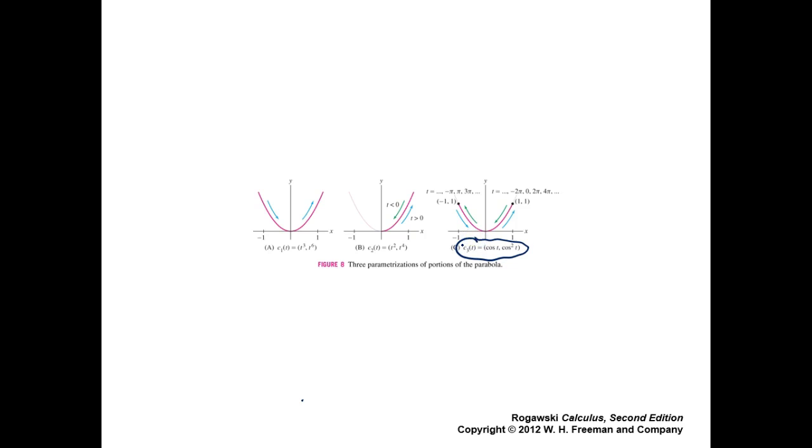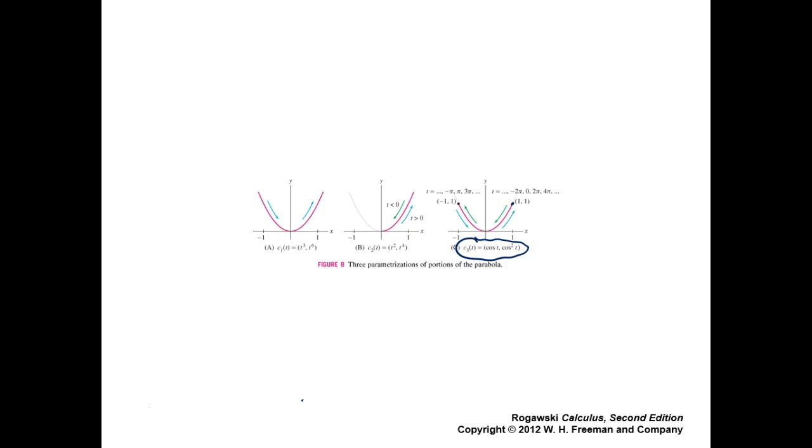All right. Give me a t. So 0? What would be your point then? 1, 1. Very good. So t equals 0 starts right there at 1, 1. Then give me another one. Half pi.